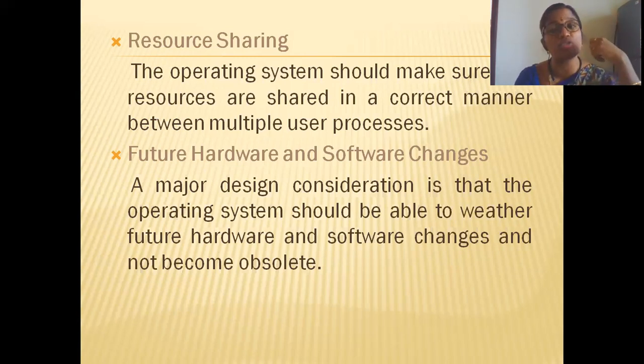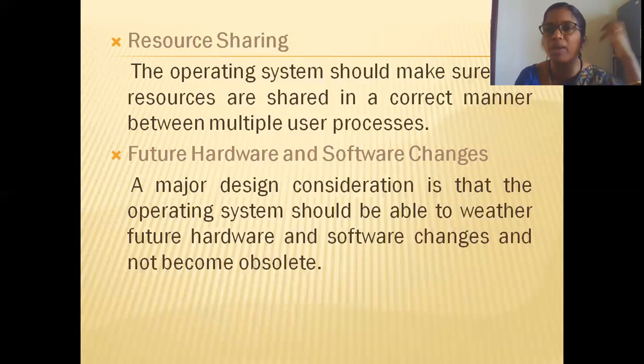Next, future hardware and software changes. If any changes occur for our application, the operating system should be compatible to adopt that change. A major design consideration is that the operating system should be able to weather future hardware and software changes.